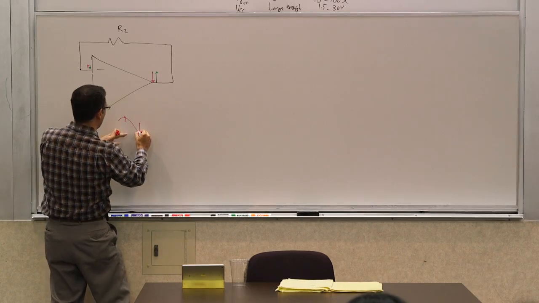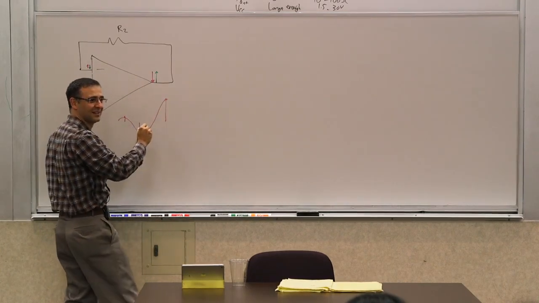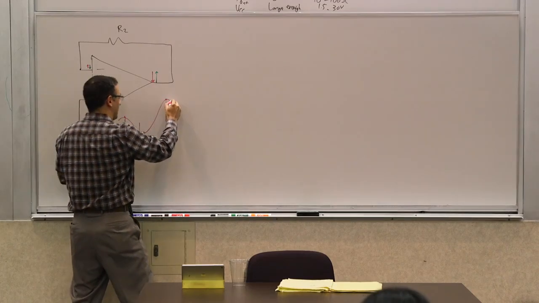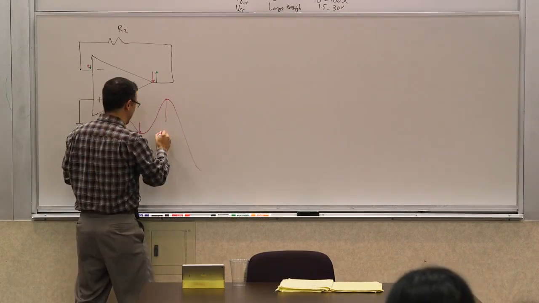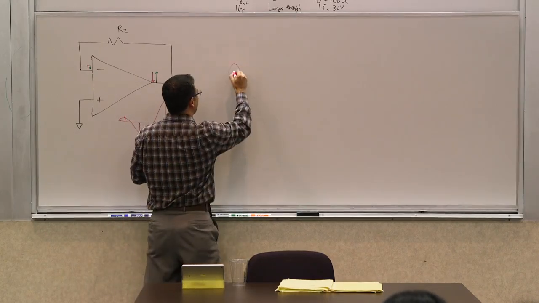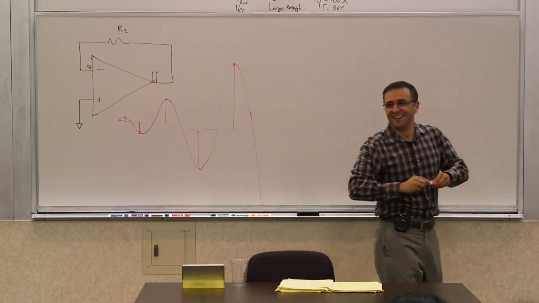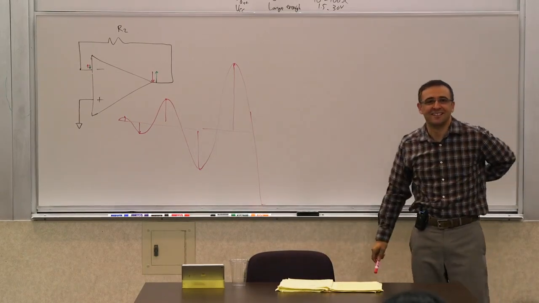And then says, oh, wait a second, I'm going too far down. I have to fix it more. I go up. And say, oh, that's too much. I'm going down. And then, oh, that's way too much. And then, that's instability.